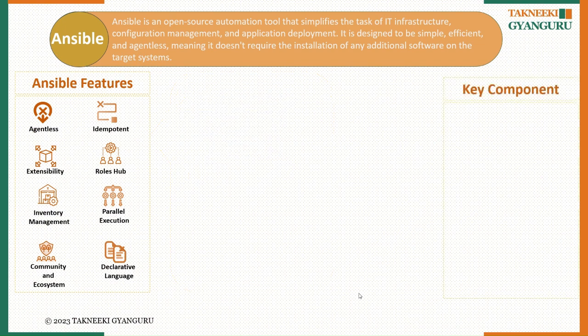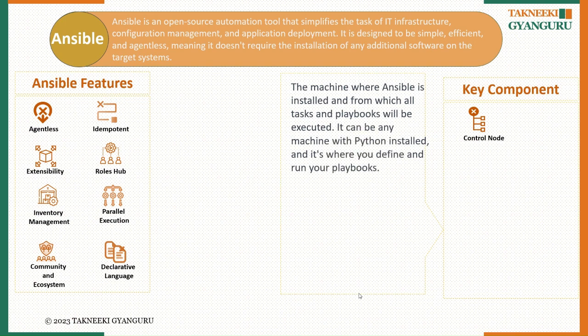Now let's talk about the key components. What are the components we have with Ansible? The first component is the control node. Control node is basically where we have installed Ansible. From there, Ansible will execute the playbooks, right.